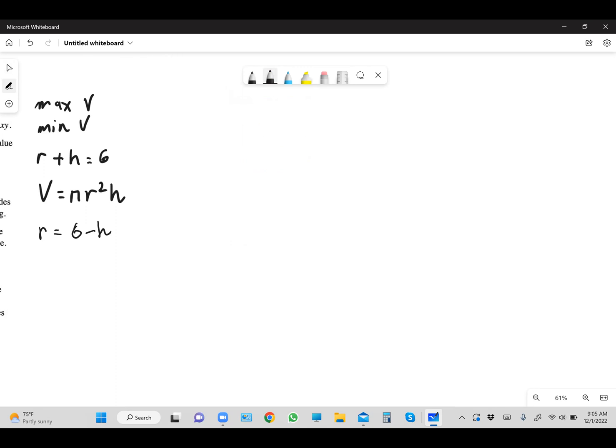So r is 6 minus h. So therefore, I can now take this and substitute it there. Or the one I like the most is h equals 6 minus r. It's so much better. So you can do that too. So I'm going to go ahead and do it that way.